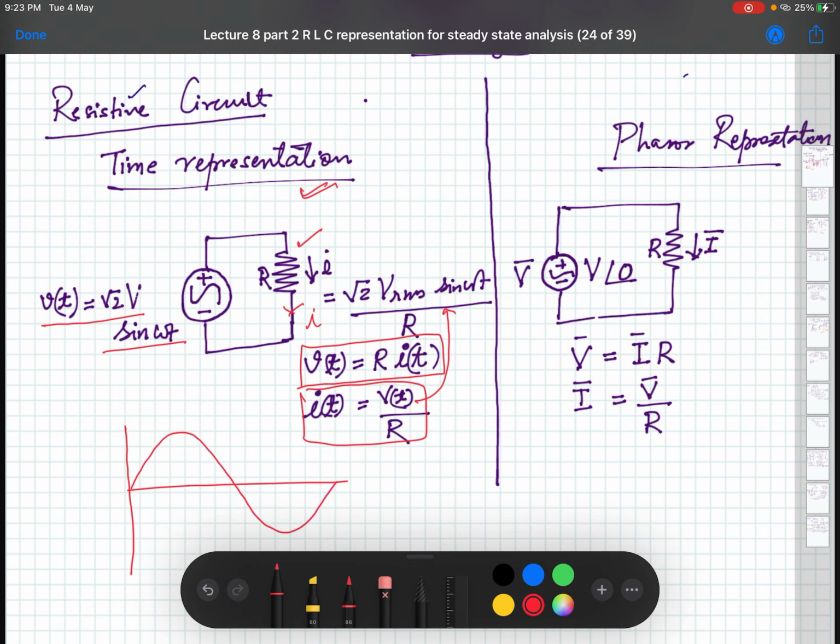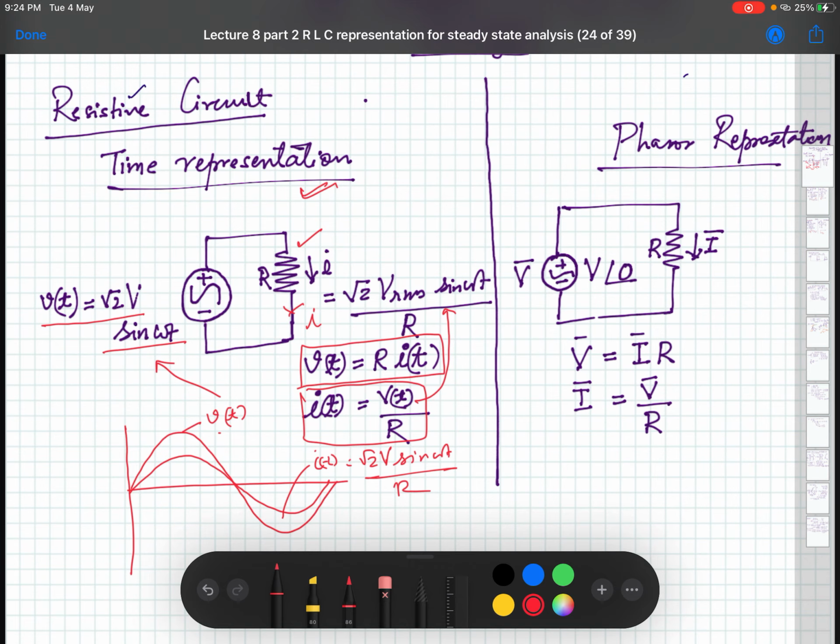The peak value here will be root 2 V RMS by R. If this is your v(t), then i(t) also has the same frequency and the same phase. So i(t) is root 2 V RMS sine omega t upon R. That is how the I and V relationship exists in a circuit.